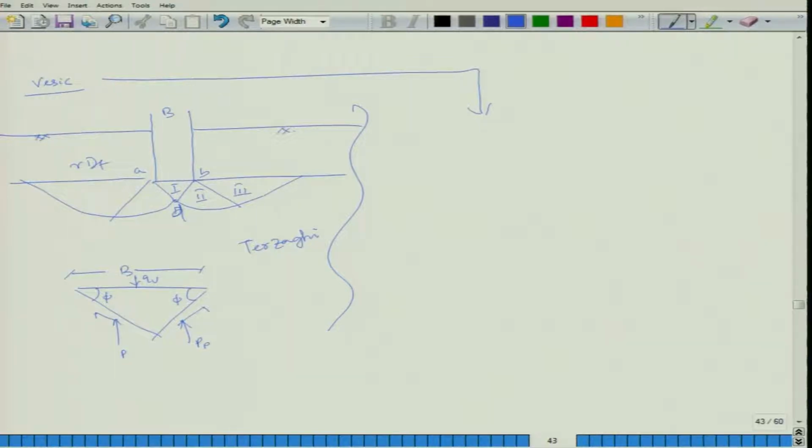So, if I look at the inclined surface, what is your inclined surface? AD and BD make an angle phi with the horizontal. Here they are saying that this angle is supposed to be 45 degrees plus phi by 2. This is the only change as compared to Terzaghi's.